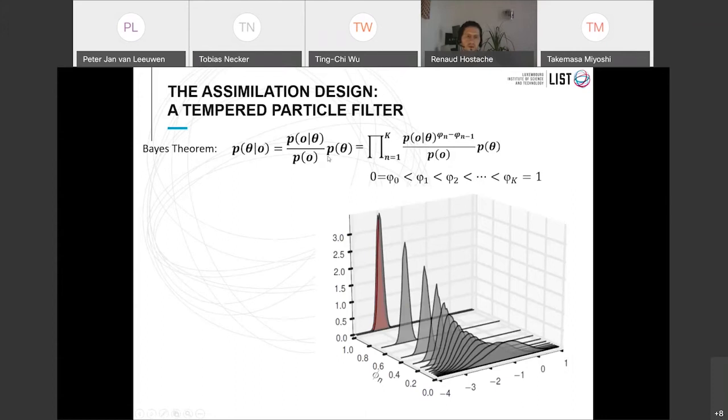Since we have a lot of data we want to assimilate, because we assimilate time series, there is a high risk of degeneracy, meaning that at each iteration step only a few particles remain.